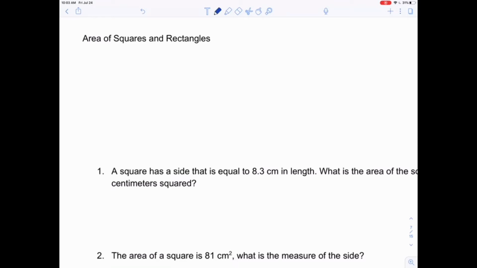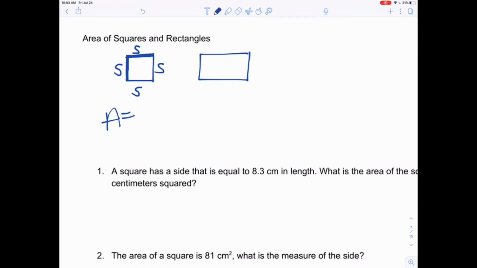So area, here's our square again, and here is our rectangle. Remember, with the square, we still have all sides equal, okay? So when we're looking at area, what we're looking for is to multiply one times the other, length times width, okay?